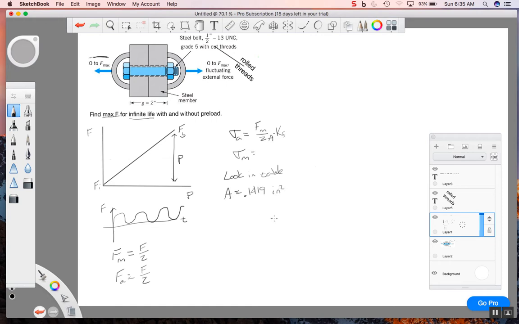What else can I look up? In table 8-10, I can find that the proof strength equals 85 ksi. I don't know if I'm going to need that yet. And then the ultimate strength equals 120 ksi.